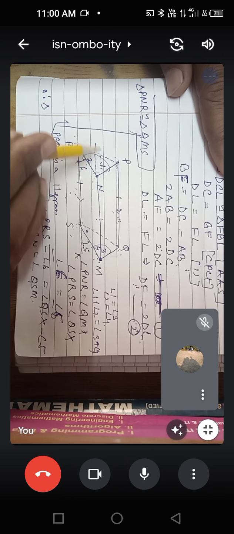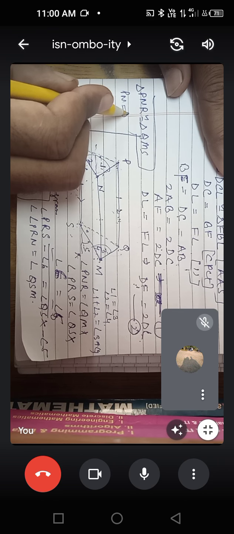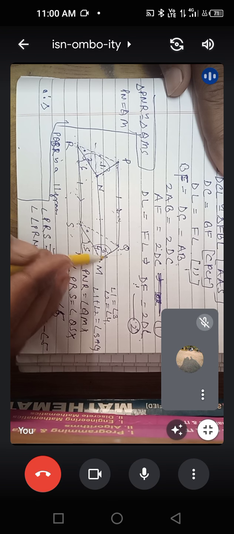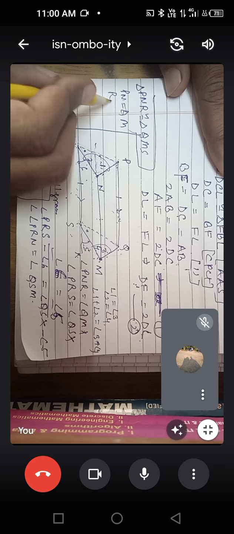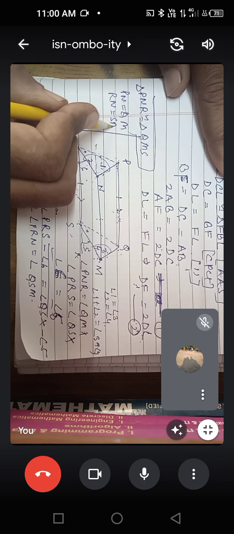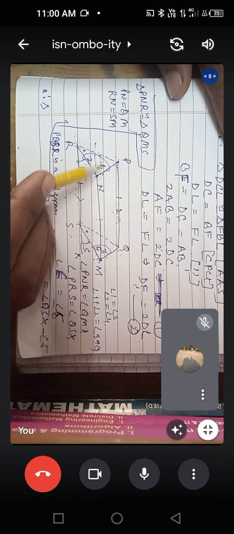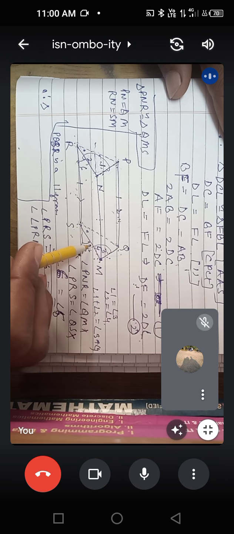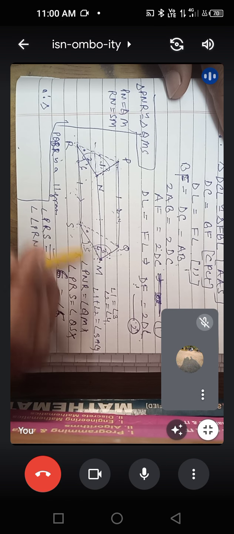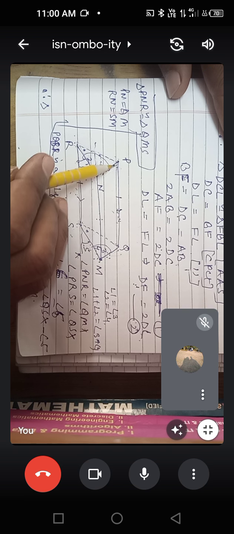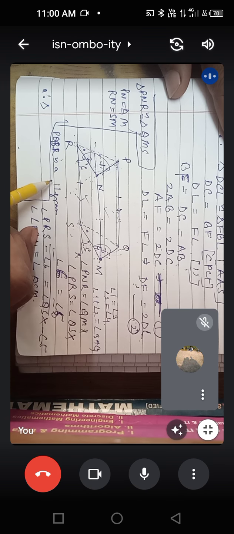And if they are congruent, so you see PN is equal to QM, and RN is equal to SM. Got it now? This side is equal to this side, and this side is equal to this side. And this side is parallel to this, and this is also parallel to this. So this means this is a parallelogram, and this is also a parallelogram. Both of them are parallelograms. Yes or no?